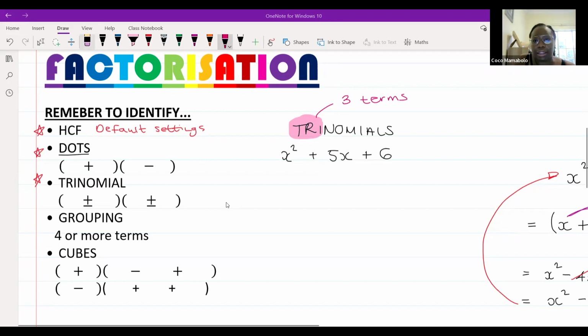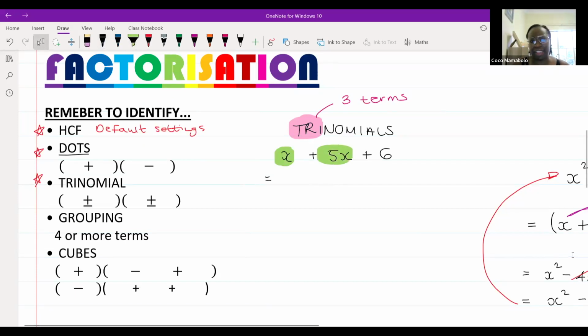But I want you guys to note something. If I did this, how many terms do I have here? Good. I have 3. However, I can easily do this.